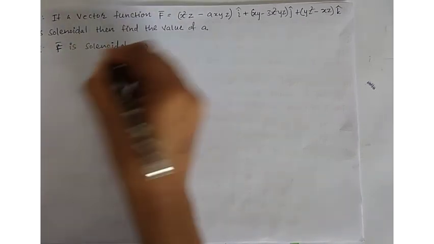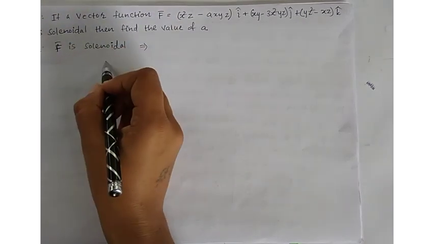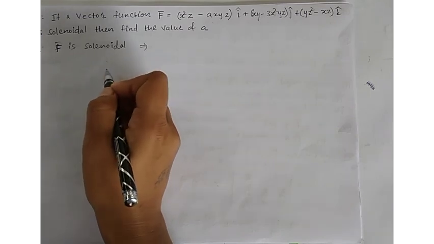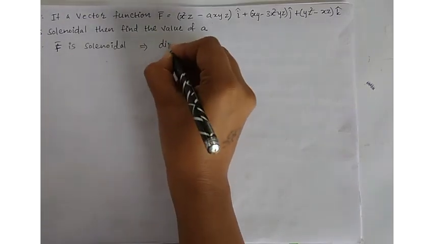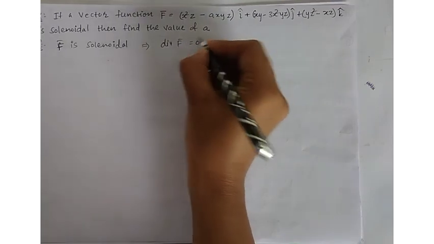When I say that a function is solenoidal, we use the definition of solenoidal, that the divergence of that function is 0.